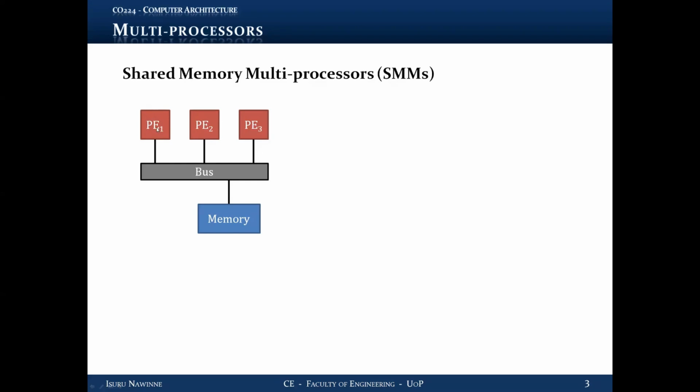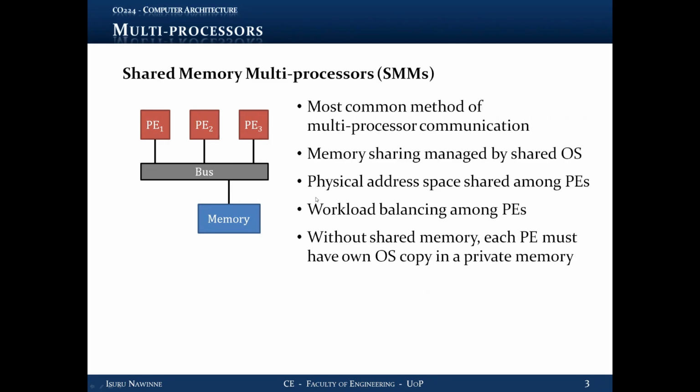You can see that they are connected through a bus, a common interconnect. All these three processors, PE1, PE2, PE3, are connected to a bus, and a memory device is also connected to the bus. And by definition of these shared memory multiprocessors, the available memory and address space is shared between the processors in the system, right?